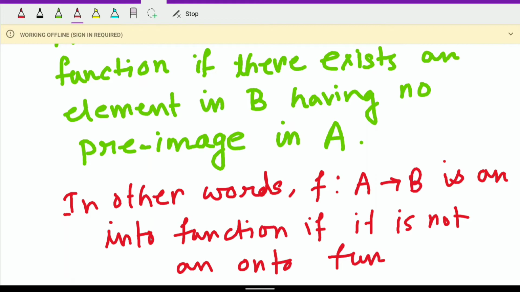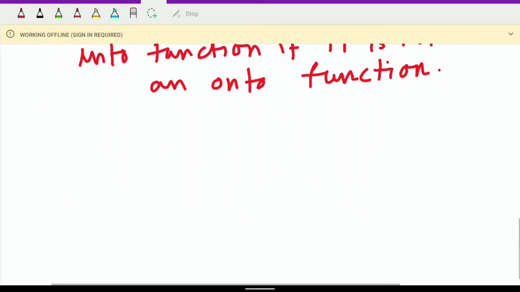It's very clear, right? So that's all about the definition of into and onto. Now next I will show you some illustrations. Illustration number 1.